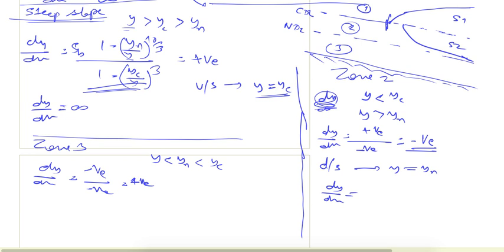As I said earlier, in zone 3 this will always be a rising profile, and it will meet NDL like this. In the upstream, if the depth is becoming 0, we cannot define this area, so we'll show it by a dotted line. So in generalization, in zone 1 and zone 3 it will always be a rising profile, and in zone 2 it will be a dropping profile, which is known as the drawdown curve.